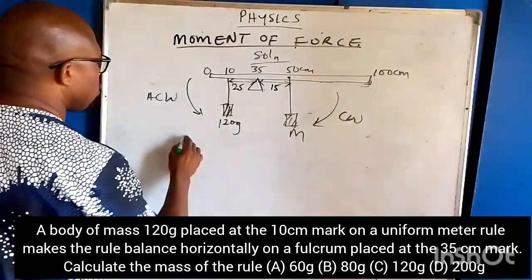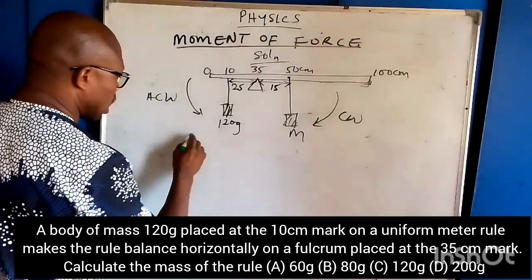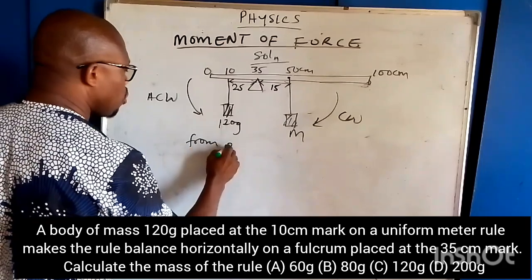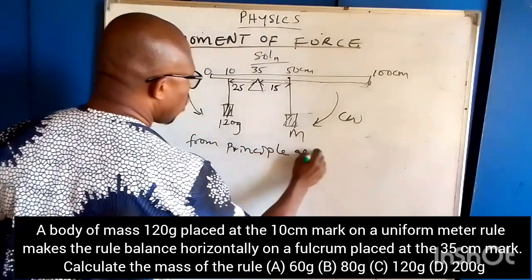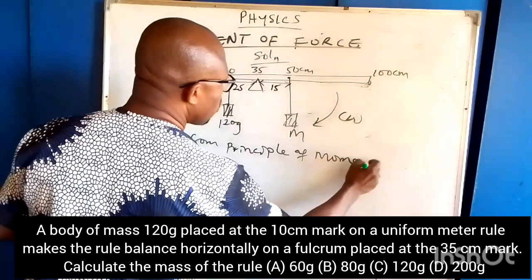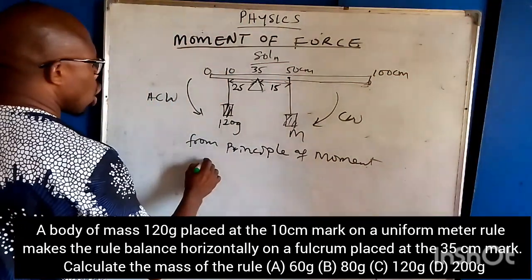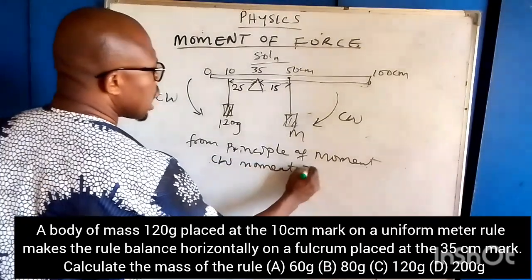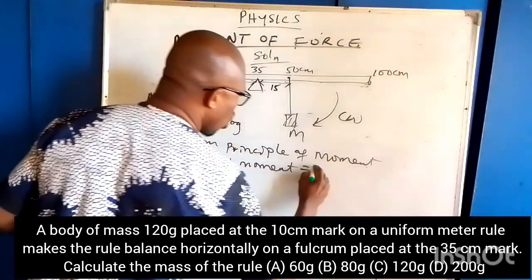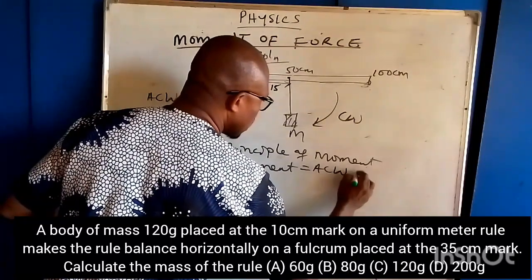Now the first step, your formula, very important. From principle of moment, we have that clockwise moment is equal to anti-clockwise moment.